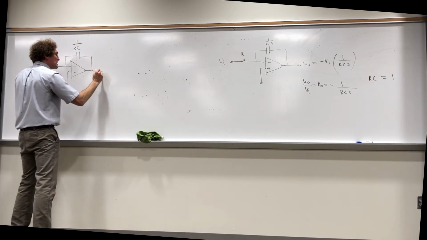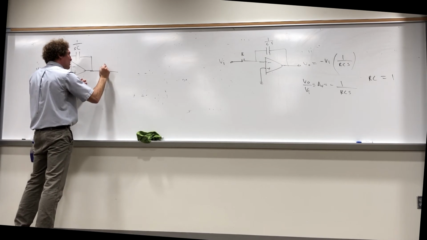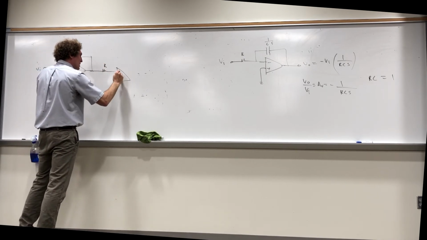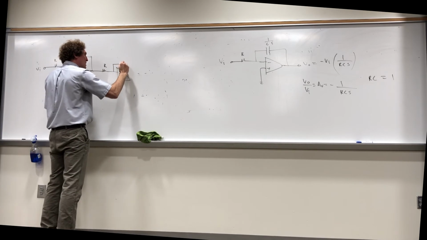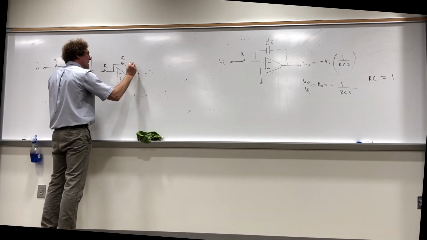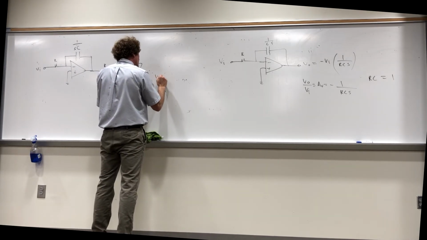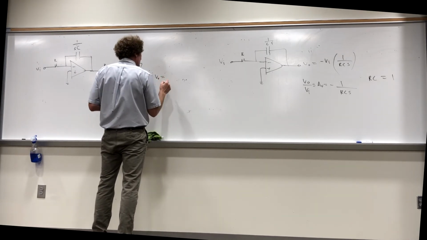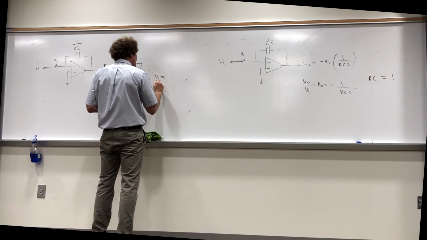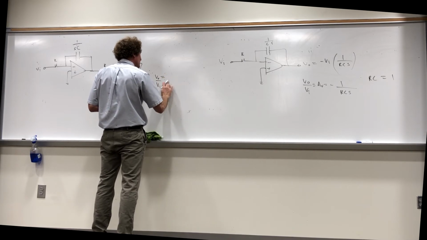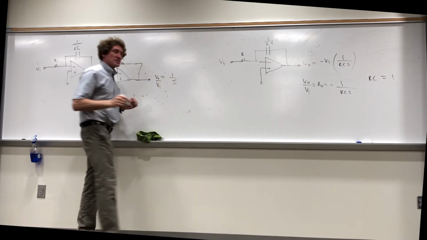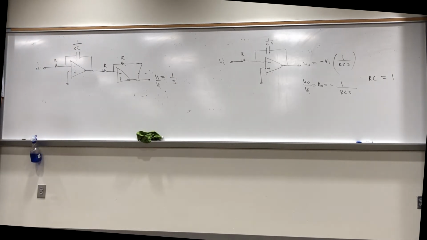Take that and then stick it through something that just has R here, both are the same. Now my output here, V out over V in, will simply be equal to 1 over S. Does everybody see that, class? How many see that? You remember that little box 1 over S?